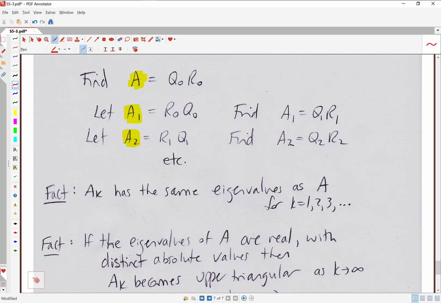So this process of finding the QR factorization and then multiplying those matrices together in the other order does not affect the eigenvalues. That's just a property of orthogonal matrices that makes them particularly nice to work with.